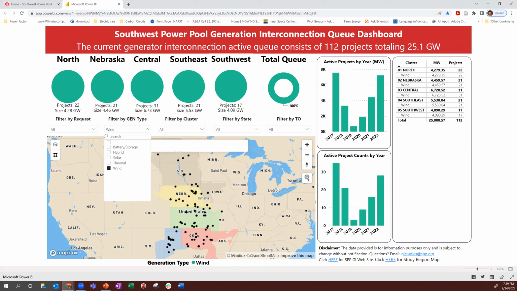Then you're working with the utility because the power is going on their lines. But the reality is that who dictates if it can go on the power grid or not is the Southwest Power Pool, not the utility. But the utility might be a buyer of that electricity. So that's where you're going to want to work with all the utilities around that you can to see who is willing to buy.